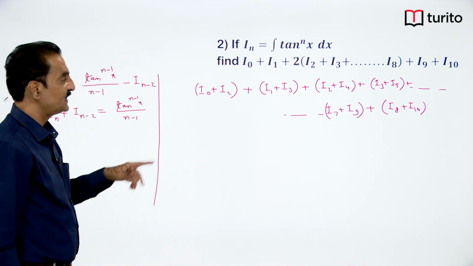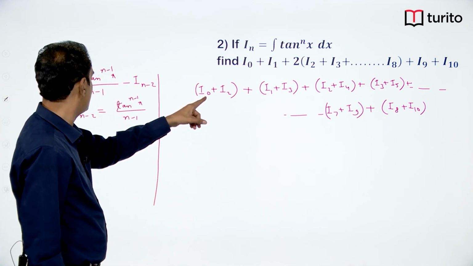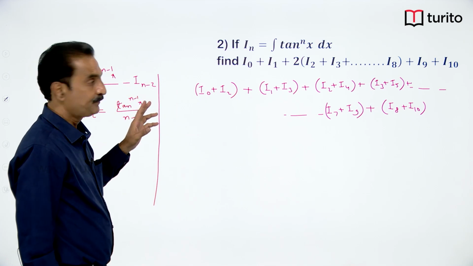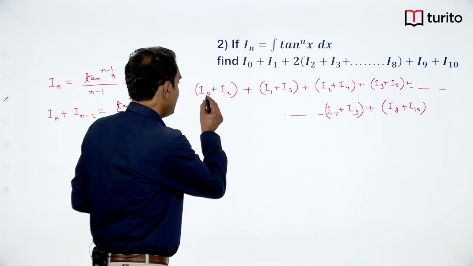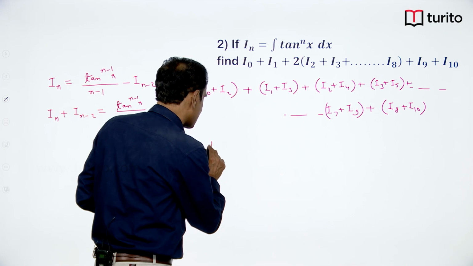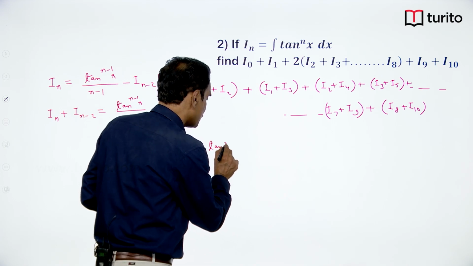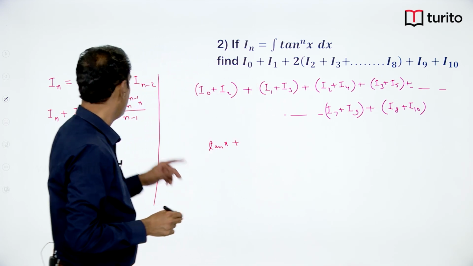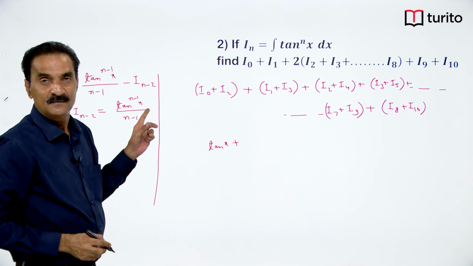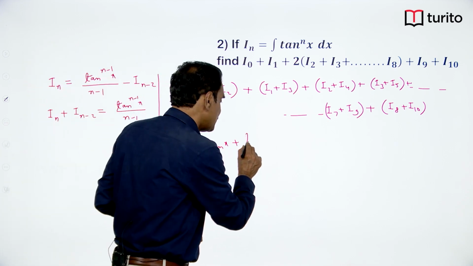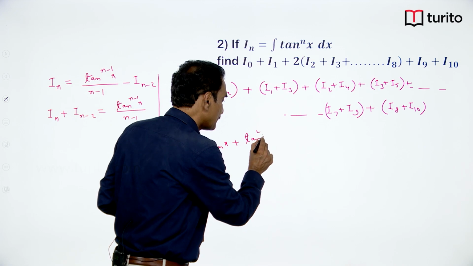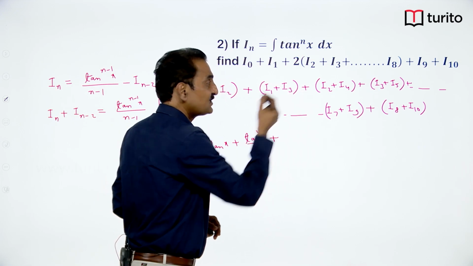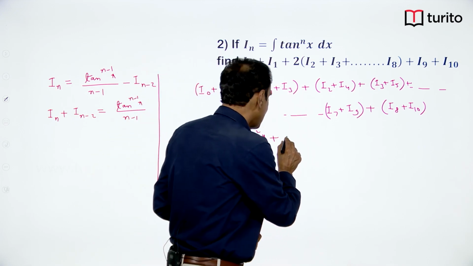So, applying this result, what is the value of this here? n is 2. So, this will be tan x by 1. Here n is 3. So, plus what we will get? Tan square x by 2. Next will be tan cube x by 3.